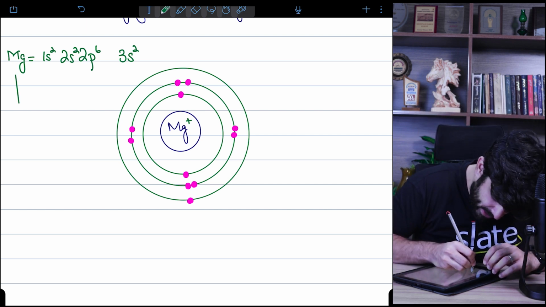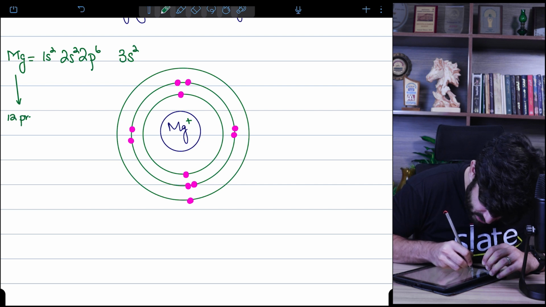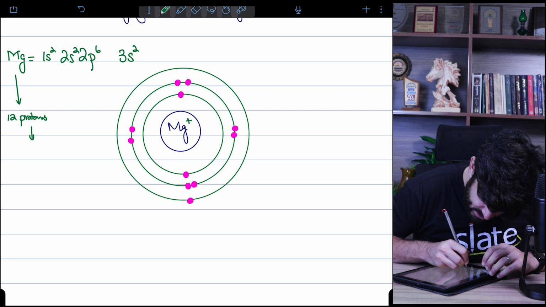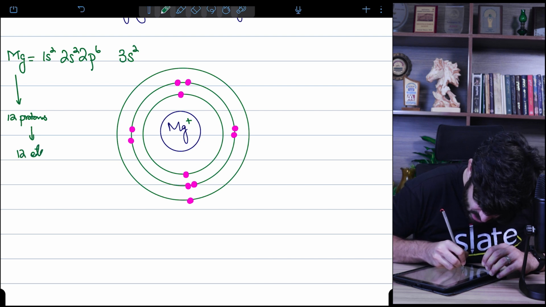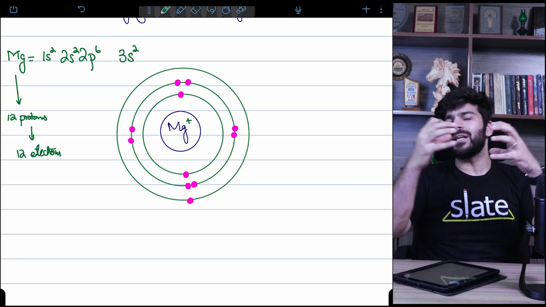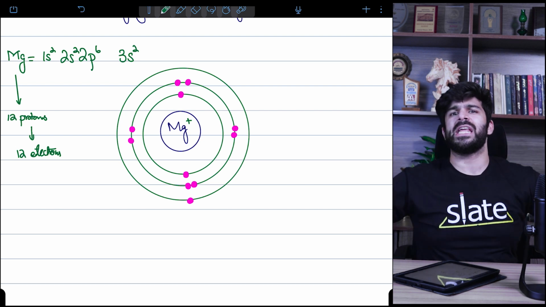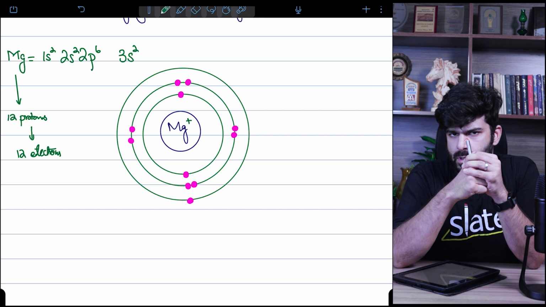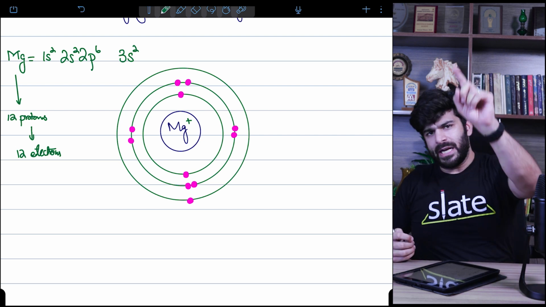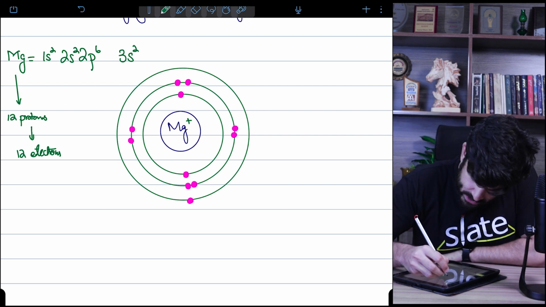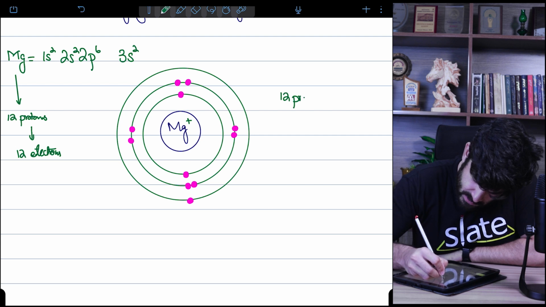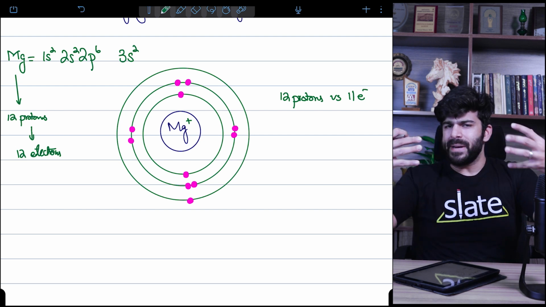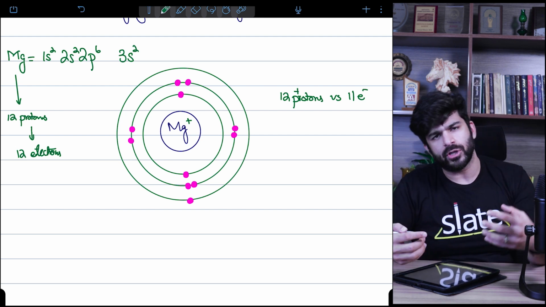So let's talk about the magnesium atom first. This magnesium atom has 12 protons, and those 12 protons are attracting 12 electrons. So now there is an equal number of protons attracting an equal number of electrons. There is an attraction. But now, if I have removed one electron, I have 12 protons versus 11 electrons. And they're not competing against each other, they're attracting each other.